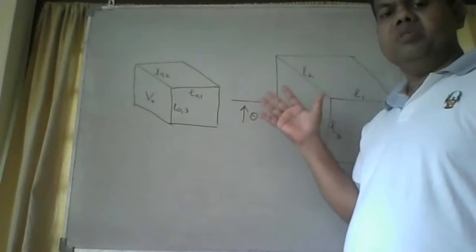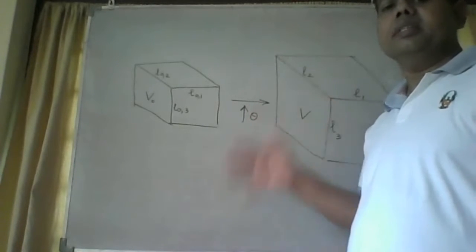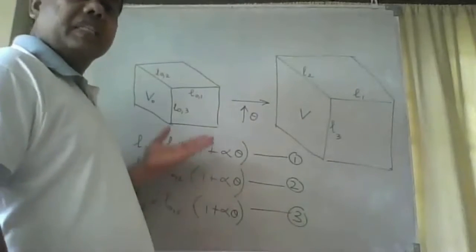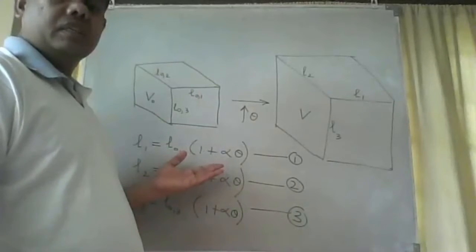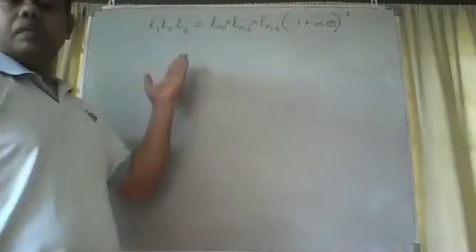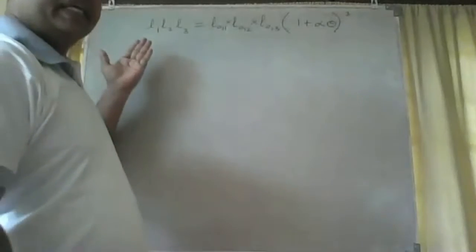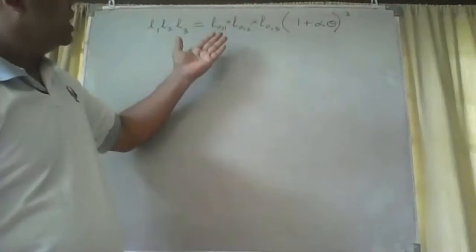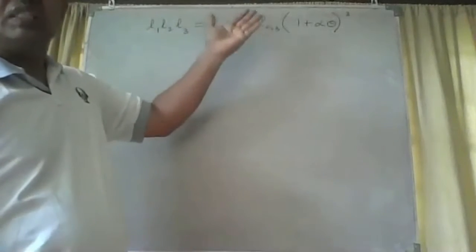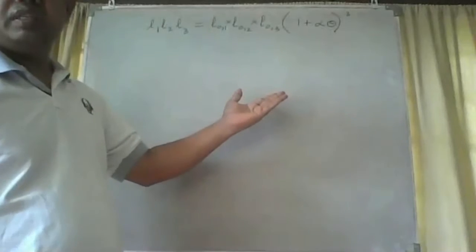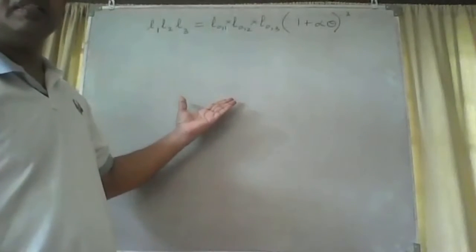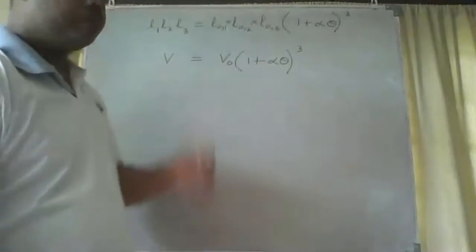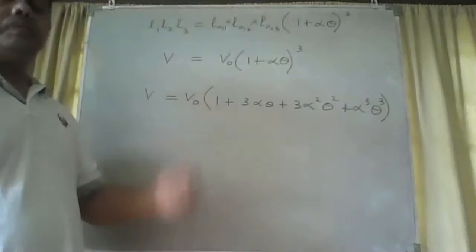Using the relationship for linear expansion, we can write the following three equations. If we multiply these three equations together, we get this relationship. And here, L1 times L2 times L3 is V, L01 times L02 times L03 is V naught. Therefore, we can rewrite this relationship as this. By simplifying further, we get this equation.